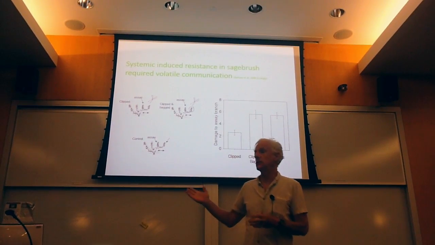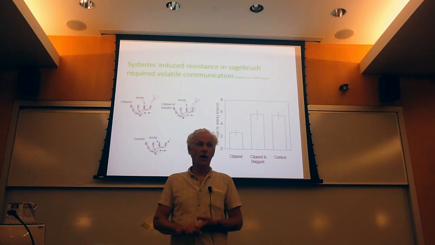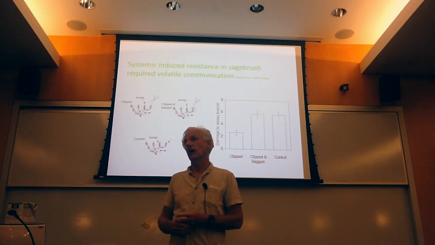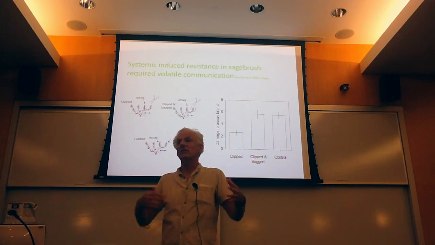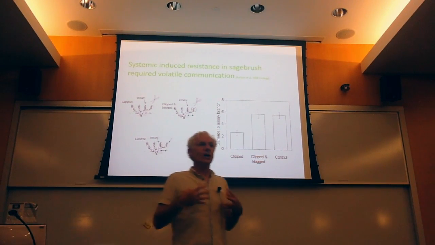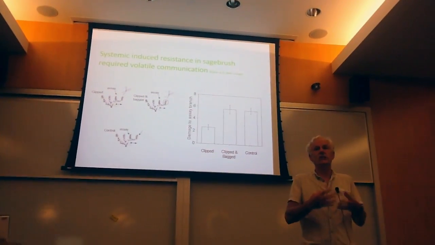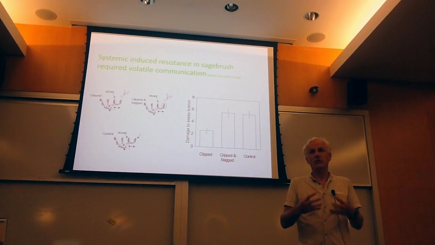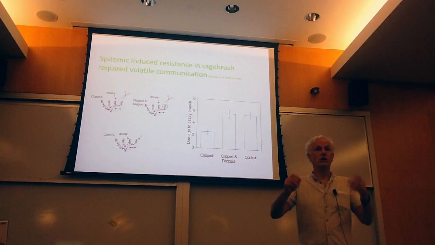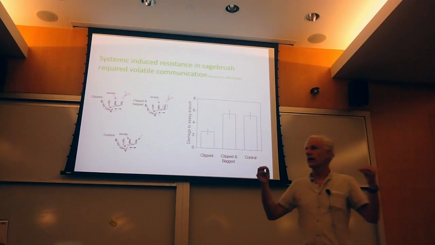They're most able to do this when they're growing rapidly, when water is not limiting, and plants like sagebrush that grow in arid places are very poor at this kind of vascular communication within an individual. So it turns out that for sagebrush to mount systemic resistance within a single individual, volatile communication from one branch to another within that individual is required.